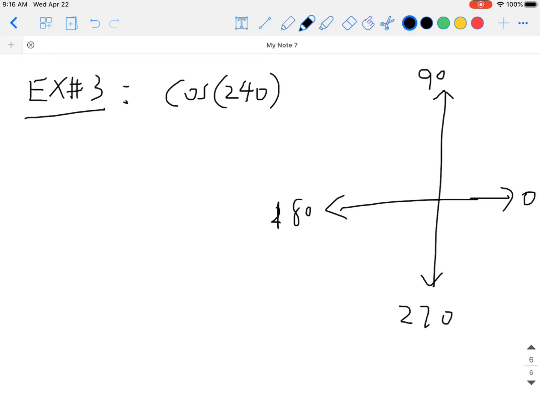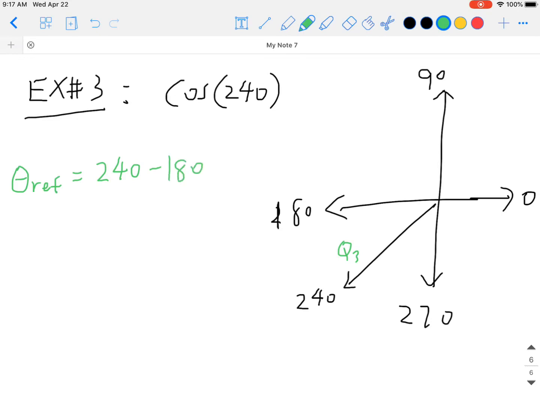And 240 seems to be in here, and here stands for quadrant 3. This is quadrant 3: 1, 2, 3. In quadrant 3, the reference angle is whatever the angle is, 240, minus 180. Then we get 60 degrees.